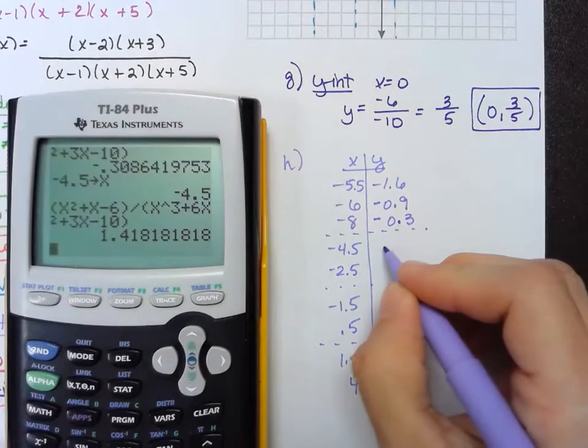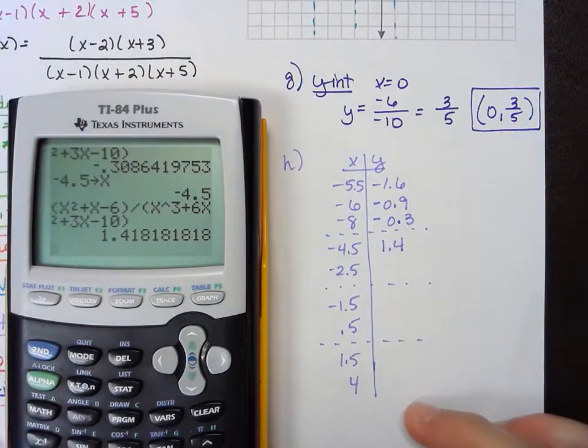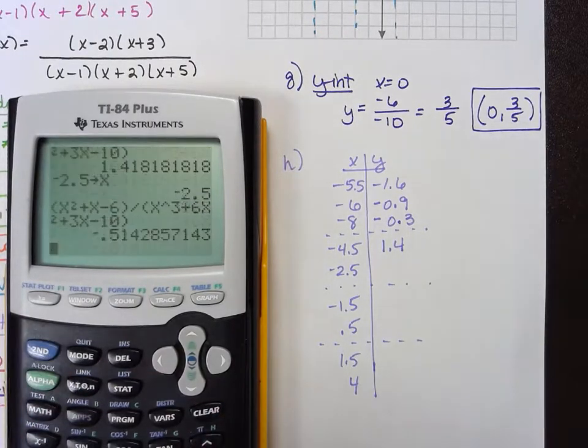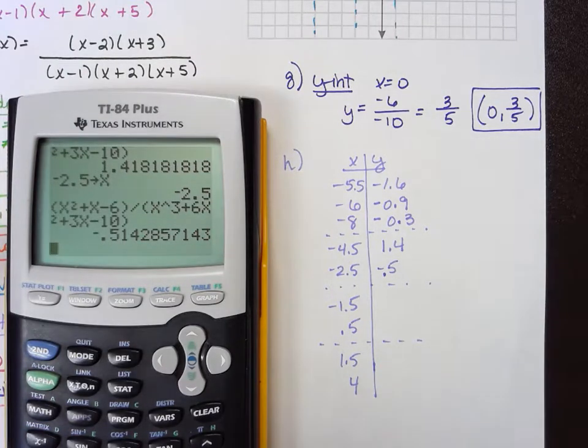And you want to be able to do this kind of quickly because you don't want this table to take up too much of your time. So we have -0.5.